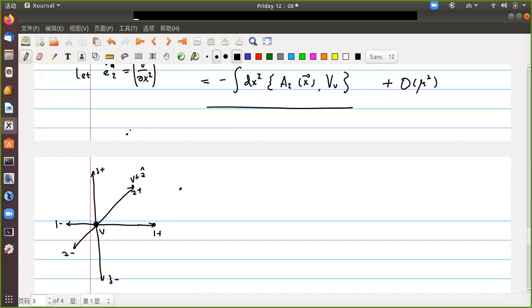Let's draw it here. This is another vertex. Okay, and now here you can get a cube. Well, I better choose a different color. Maybe it's going to be more illuminating.